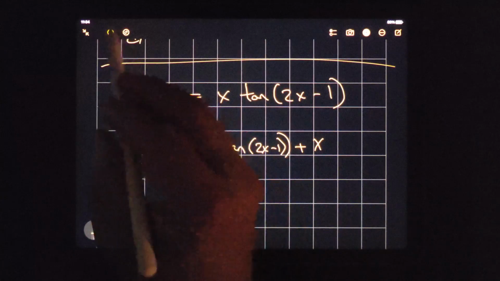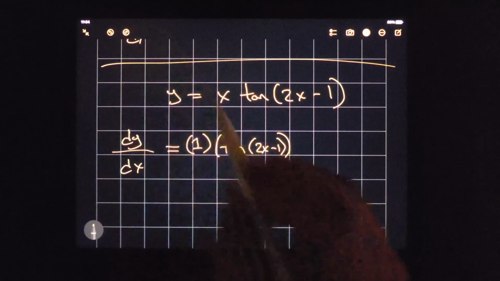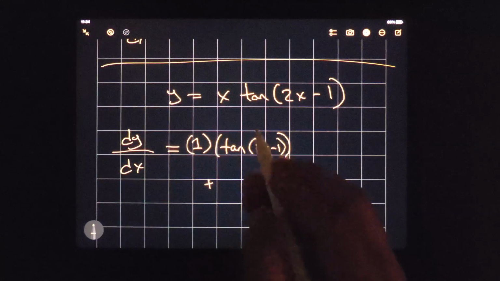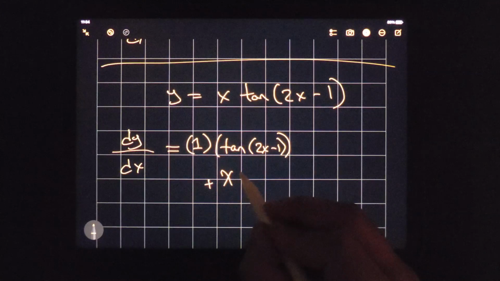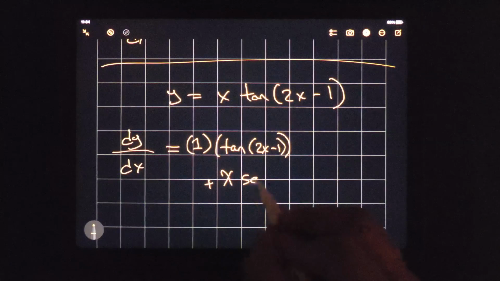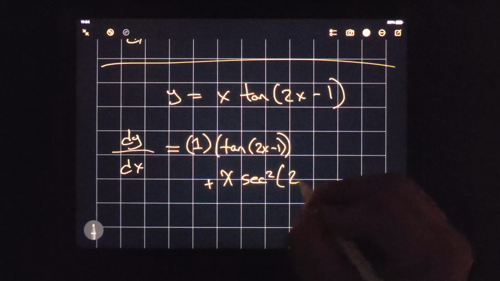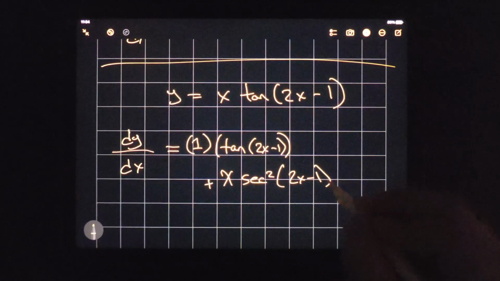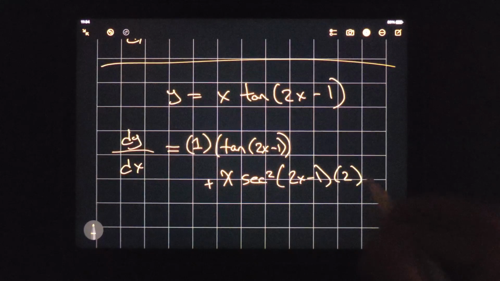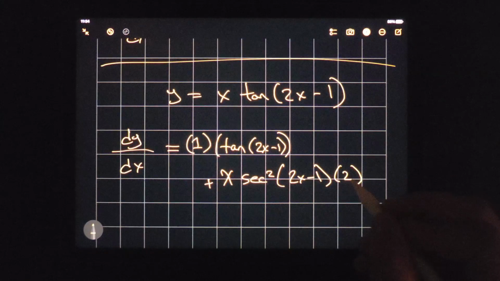You know what, I'm going to write it here, plus x times, so the derivative of tan x is sec squared of 2x minus 1 times the derivative of what's inside, which is going to be 2.